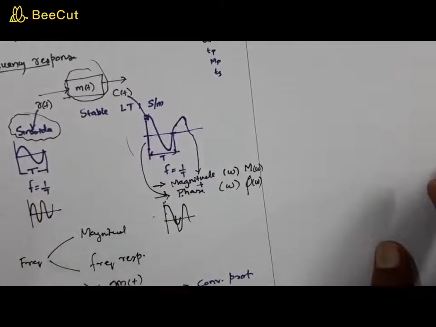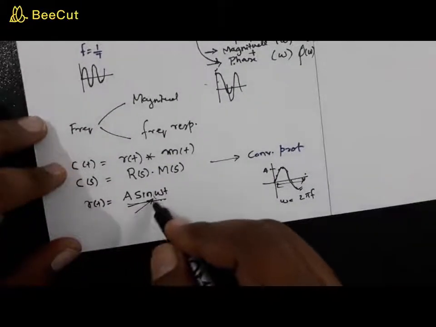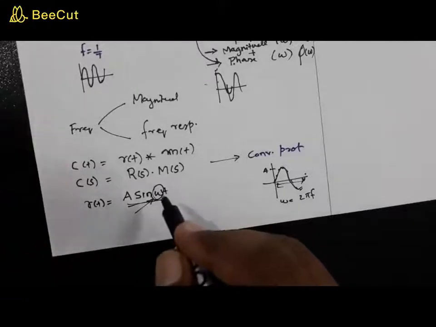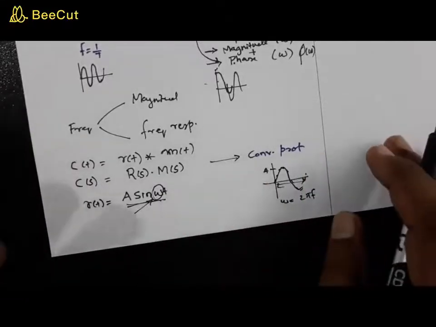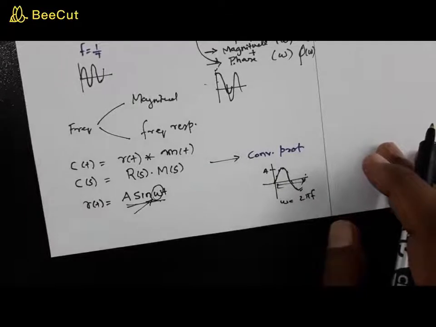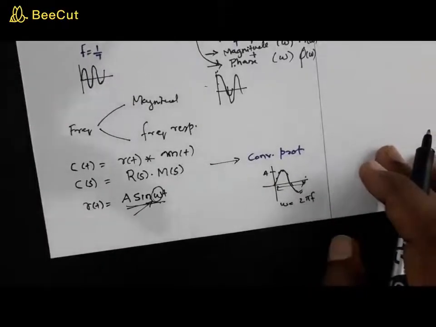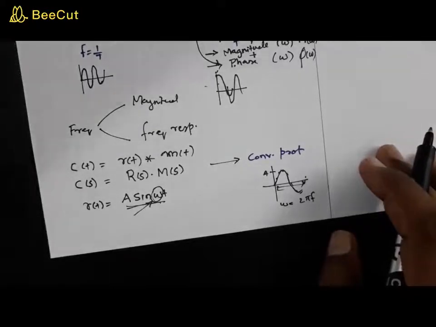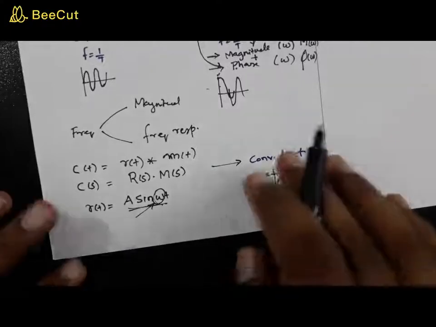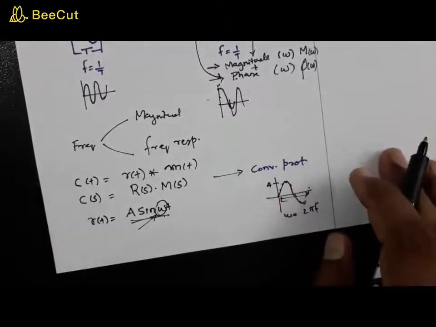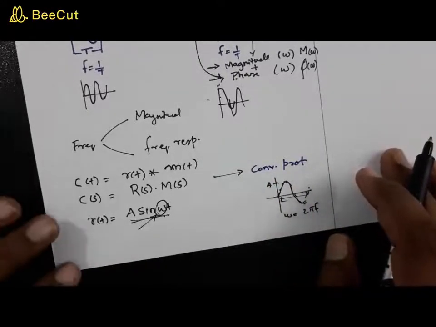So this is what we are going to analyze, how this magnitude and the phase vary according to the change in the frequency, as we keep on changing the frequency. This is how you find out the frequency response of an amplifier and so on, right? You set an input, you keep on changing the frequency. At each frequency you will be considering the output, and from that output you will try to draw the magnitude plot. So that is frequency response.